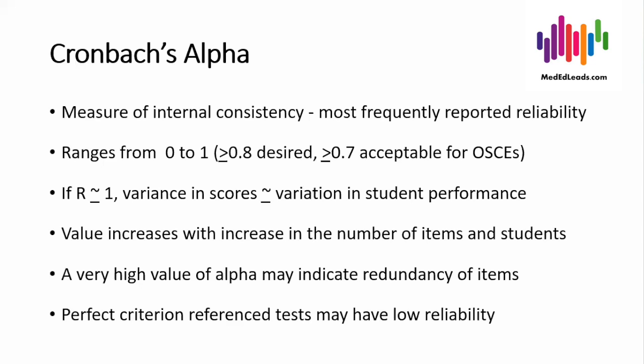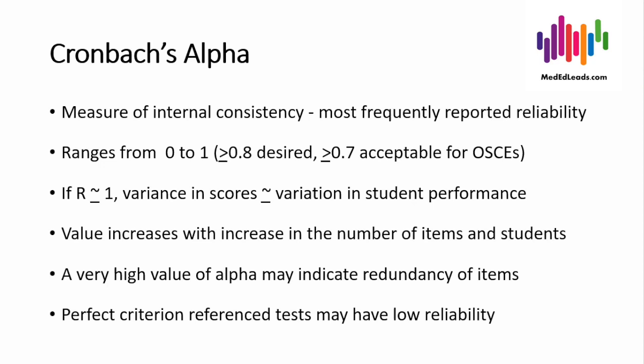Cronbach alpha is a very frequently used and reported measure of reliability. It measures one type of reliability, known as internal consistency, which means how much the scores of each of the items in an exam are correlated to each other.